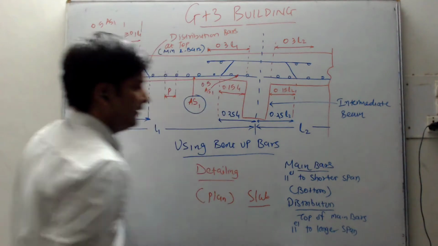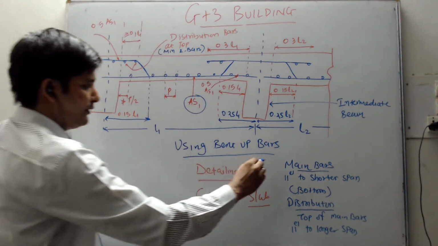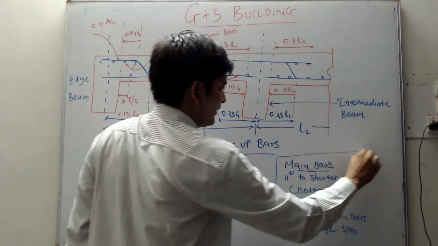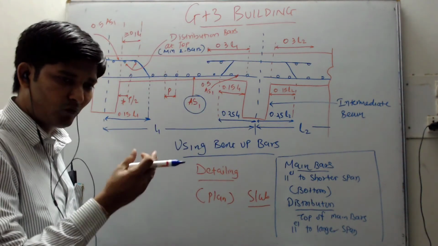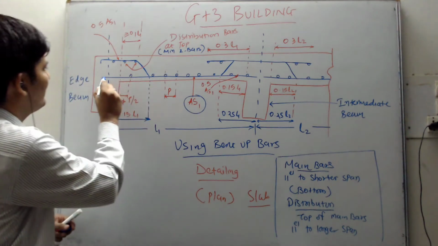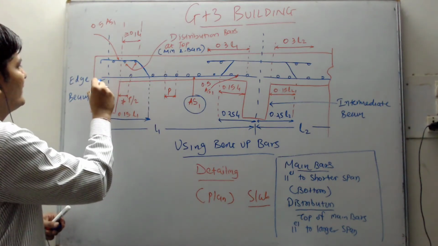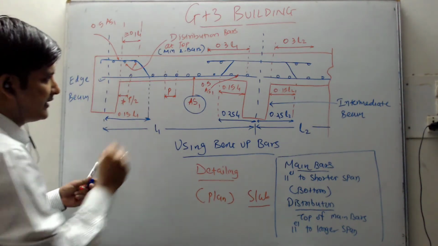This is the important thing that you need to remember, that main bars in one way continuous slab are always parallel to the shorter span, and they are provided at bottom of the slab. At bottom, that is this line here, that is my main bar, that is AS1.